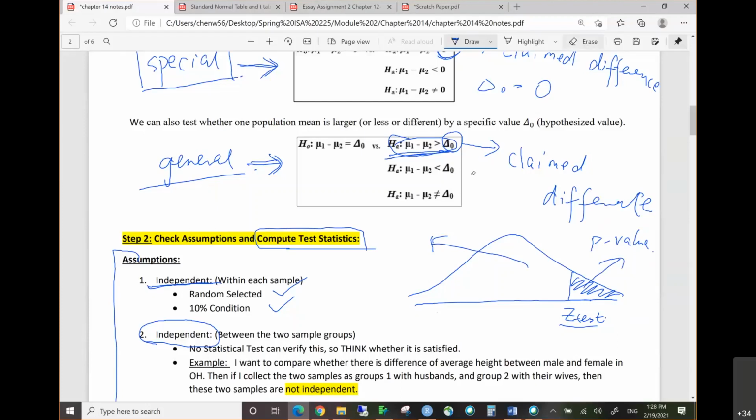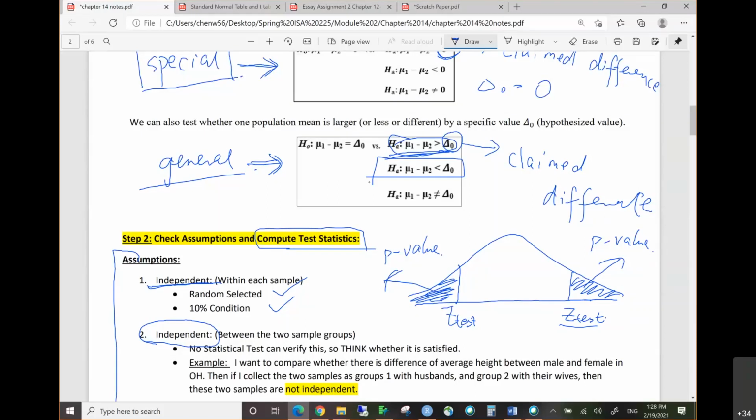And then the other way, if you have the left-tail hypothesis, then what is your p-value? The p-value will be the probability to the left of your z-test statistic, right? So this left tail will be your p-value. Whatever you find from the standard normal table is already the probability to the left, right? So you don't need to subtract from 1. Whatever you find from the table will be your p-value, right?